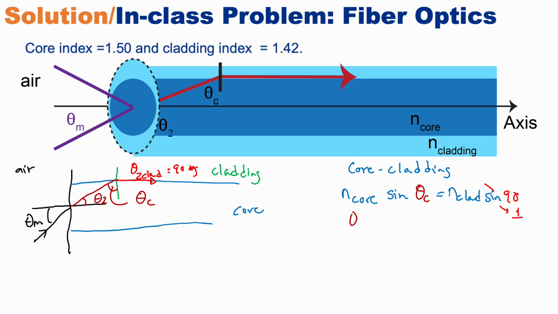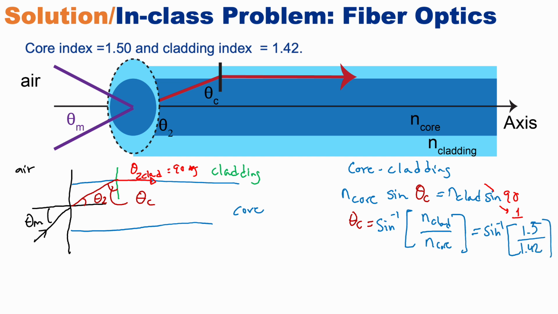So my critical angle is the inverse sine of n cladding over n core. So this is going to be the inverse sine of 1.5 over 1.42. So my critical angle, my incident angle within the boundary of the core-cladding, is going to be 71.2 degrees.